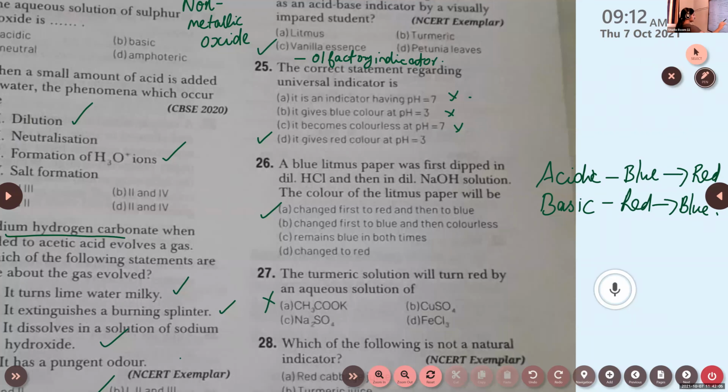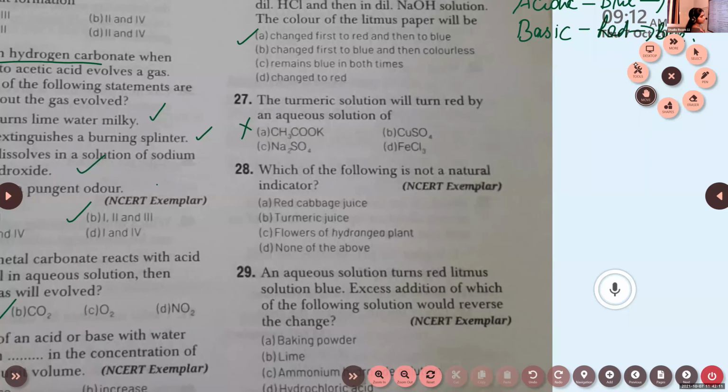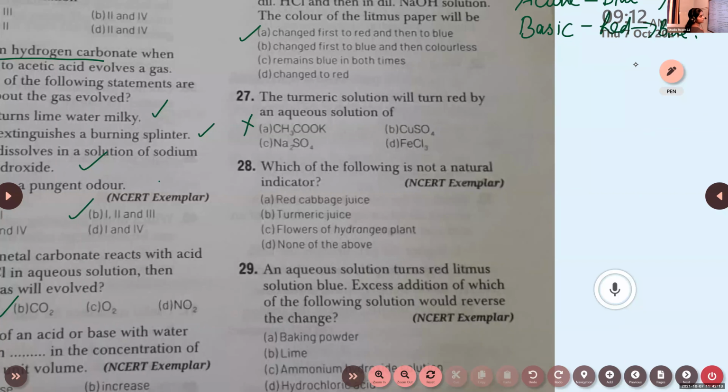Then question number 28. Can you read question number 28? Which of the following is not a natural indicator?